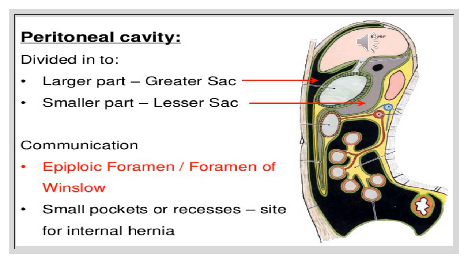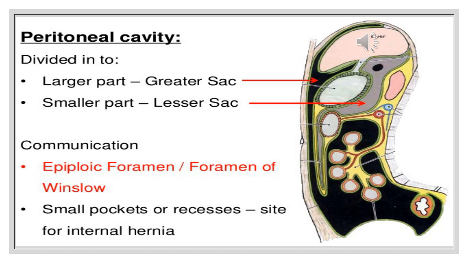The peritoneal cavity can be broadly divided into two parts. The main larger part is called the greater sac, and the smaller part situated behind the stomach, lesser omentum and the liver is called the lesser sac. The two sacs communicate with each other through the epiploic foramen or foramen of Winslow, the opening into the lesser sac.